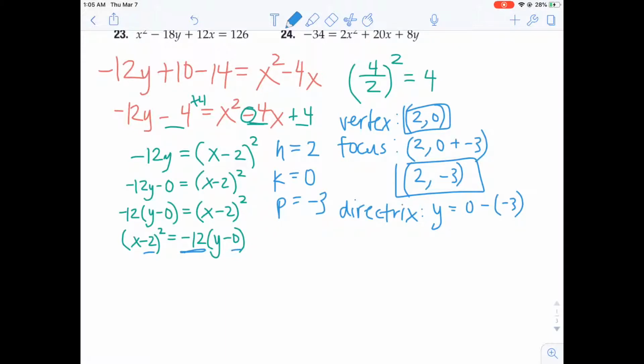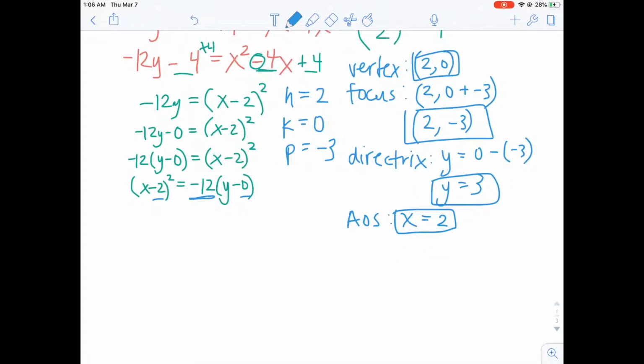So 0 minus negative 3 is just going to be positive 3. There's our directrix. And lastly, axis of symmetry. That's going to be x equal to 2. It has to go straight through the vertex and the focus, and they both have an x value of 2, so that is our axis of symmetry.